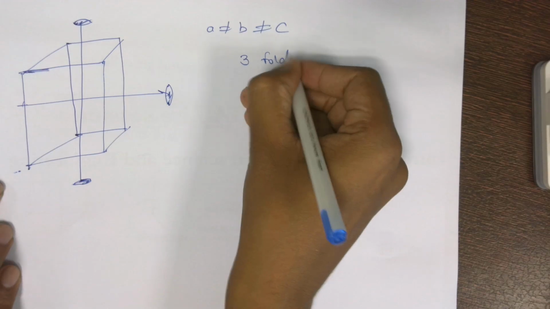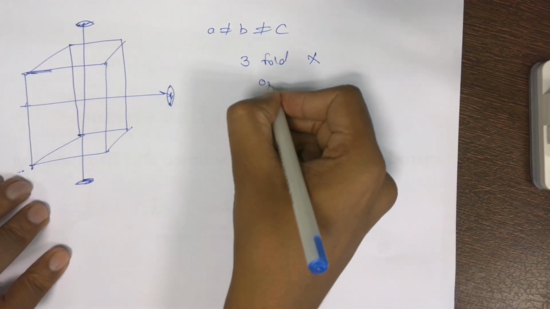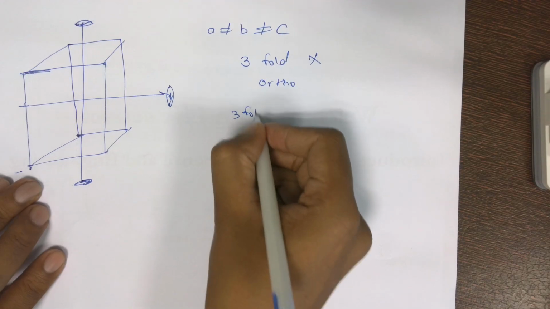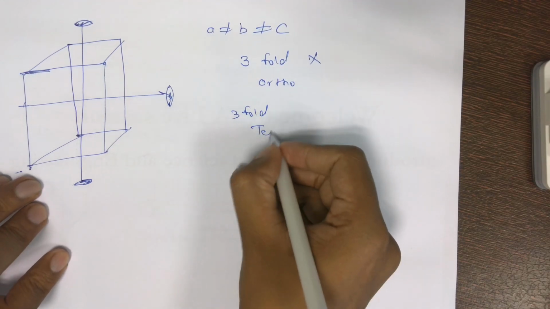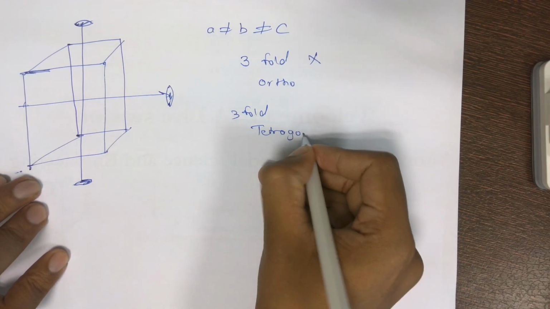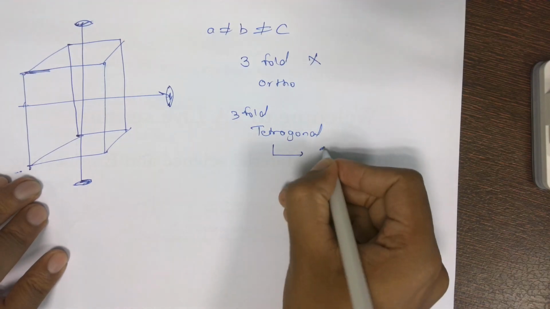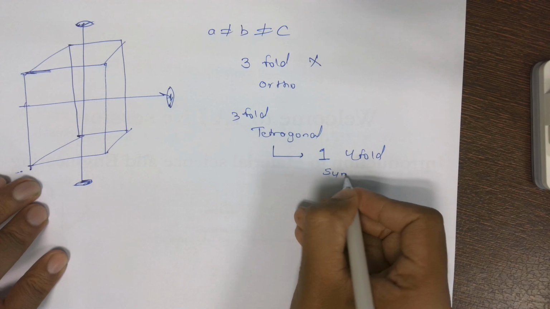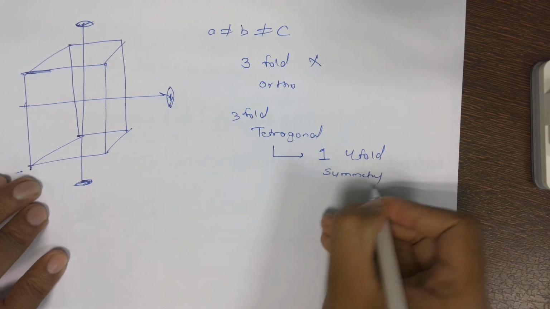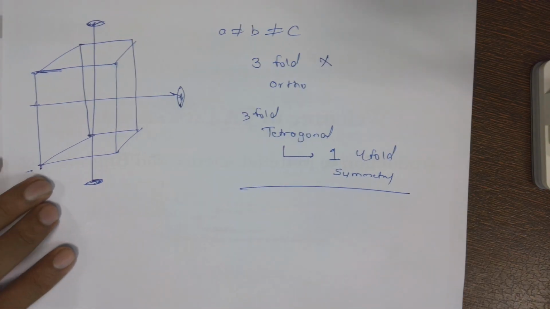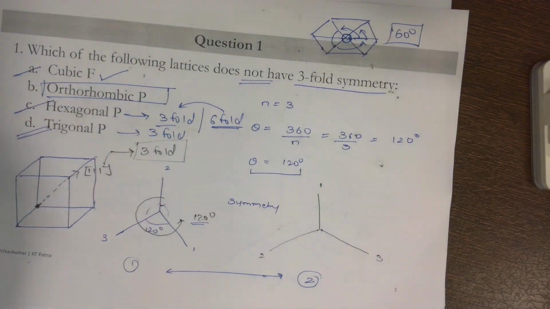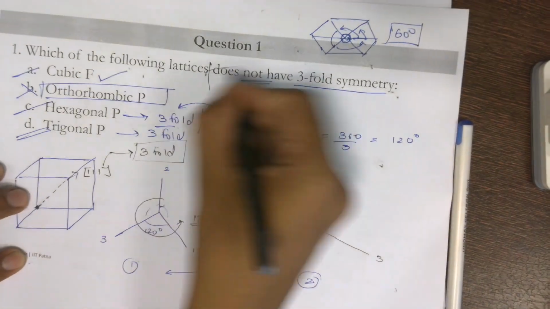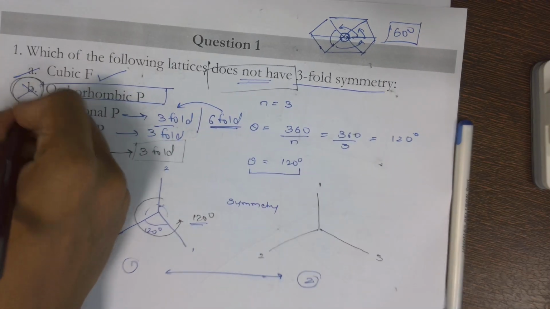Threefold is not there in the orthorhombic. Also, threefold is not there in the tetragonal. Tetragonal has one four-fold symmetry. So our answer will be, this is incorrect, and we wanted the one which doesn't have it, so option B is the right answer.